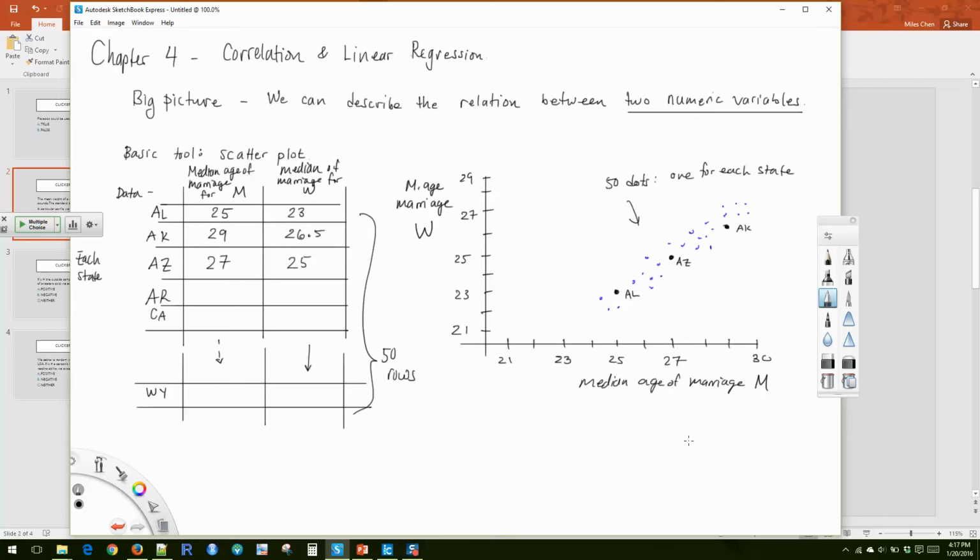Okay, and so we can describe the relationship between men and women. Our general trend will be something like states where the median age of marriage for men is high tend to have high median age of marriage for women.